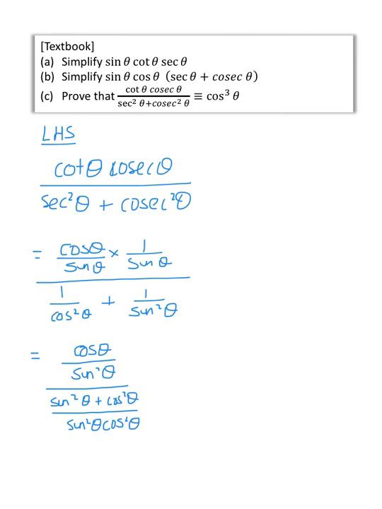That's worked out quite nicely. Taking this fraction here, I'm going to keep the cos theta over sine squared theta in the numerator. And here, sine squared plus cos squared equals 1, so the denominator becomes 1 over sine squared theta cos squared theta.